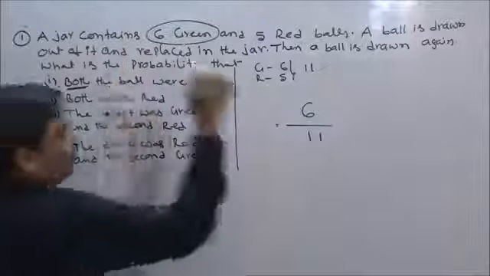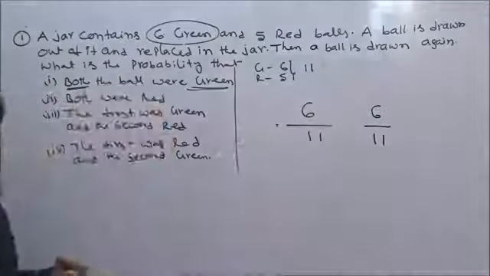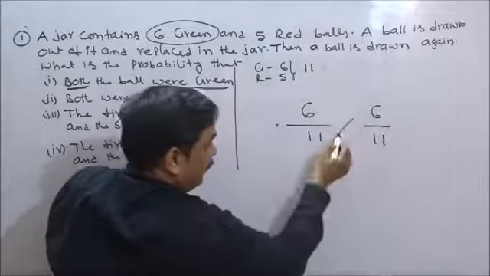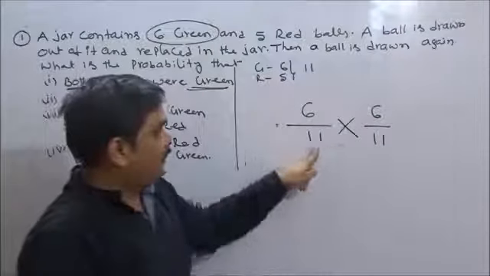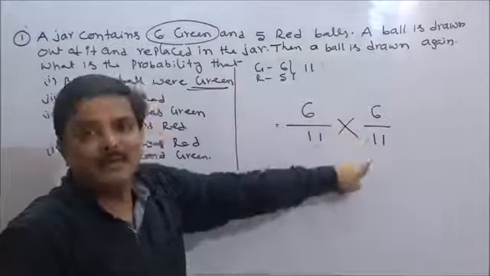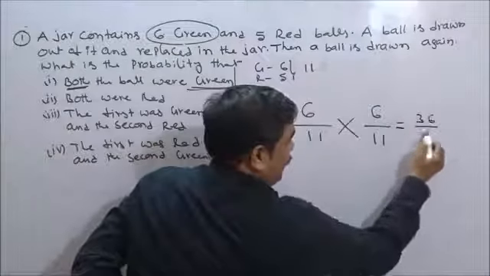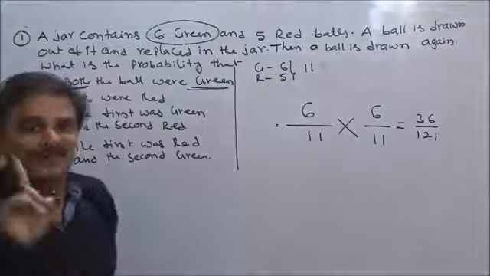Now the same thing here, that should be 6 by 11. Alright, so now in between the mathematical symbol should be multiplication. That is 6 by 11 into 6 by 11. The probability of getting this one is 36 by 121. As simple as that one. Got this one, students, right?